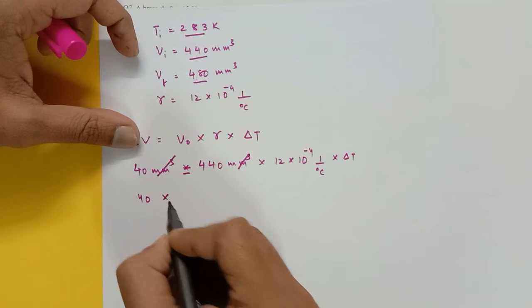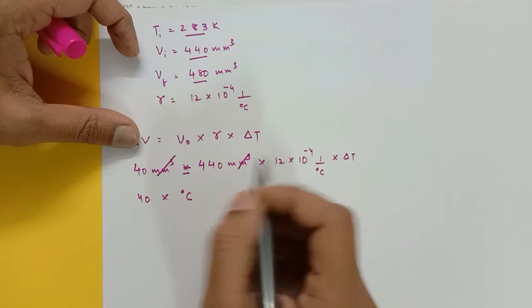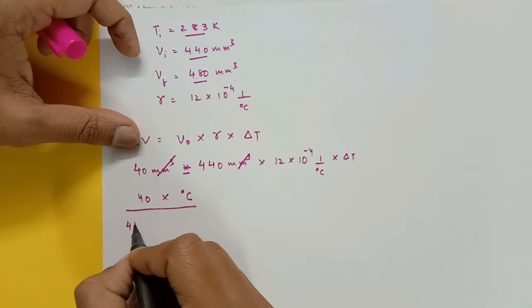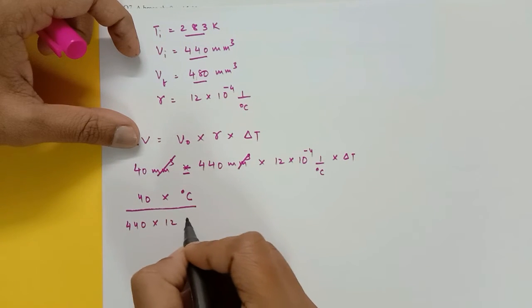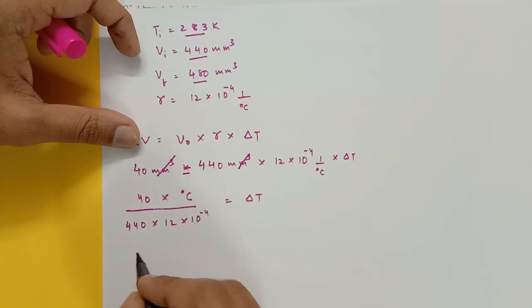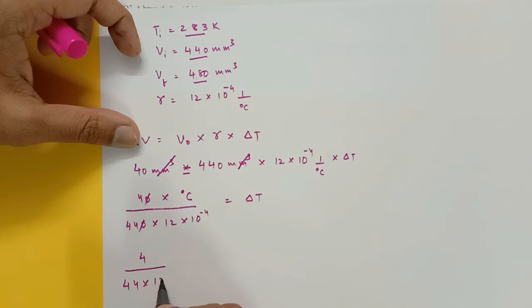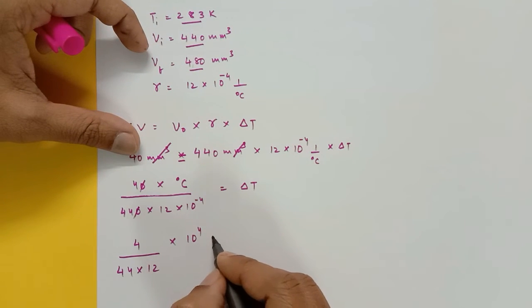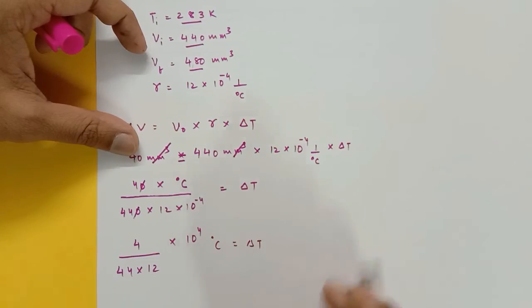So 40 into degree Celsius, and this is in multiplication, it will come here in division. So 440 into 12 into 10 raised to minus 4 is my delta T. So this 0 0 getting cancelled, and 4 upon 44 into 12 into 10 raised to plus 4, because minus 4 going up, that would be in degree Celsius delta T.